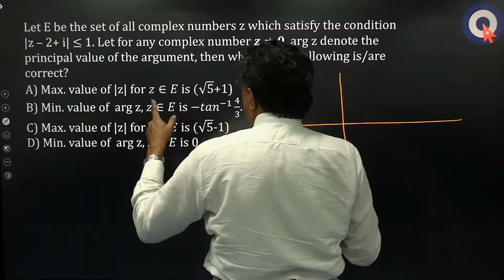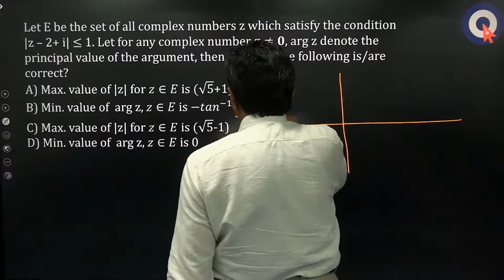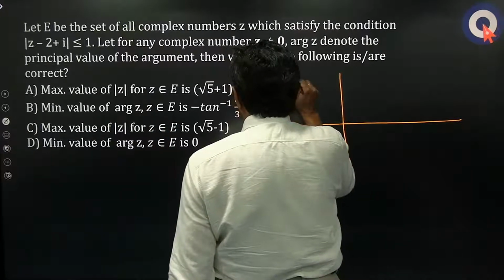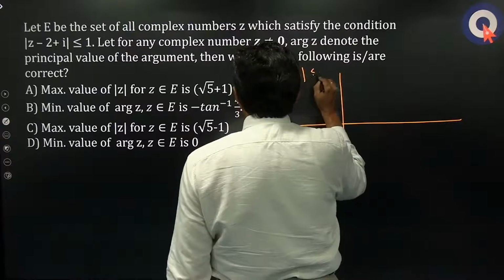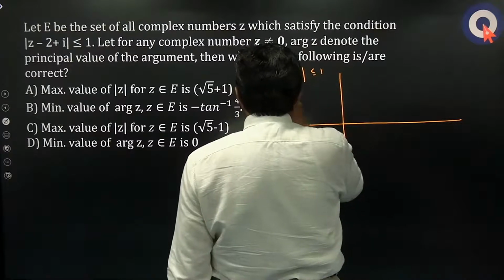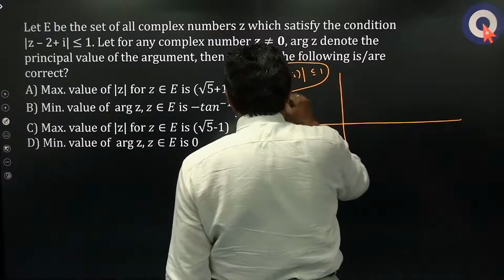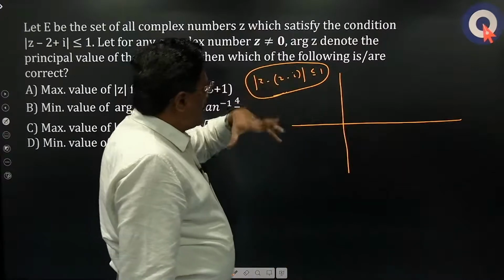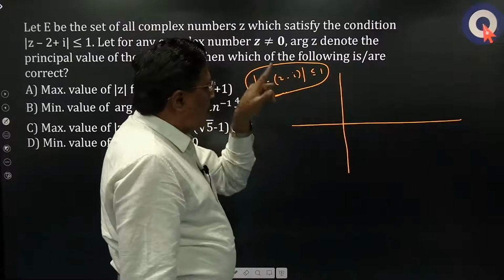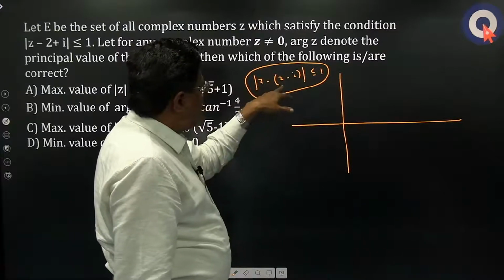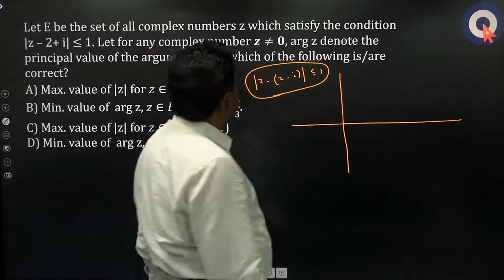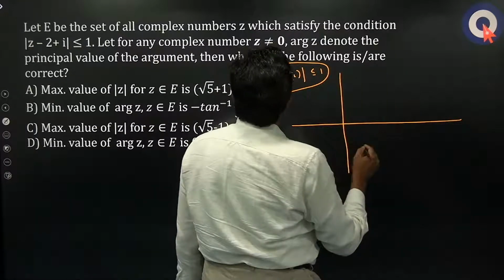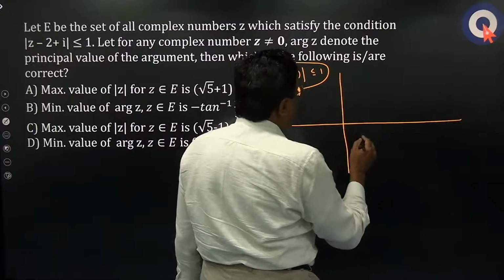So here, mod of Z minus of 2 minus I less than or equal to 1. So this represents a circle, the region inside the circle and also on the perimeter of the circle, with the center at 2 comma minus 1 and radius 1 unit.